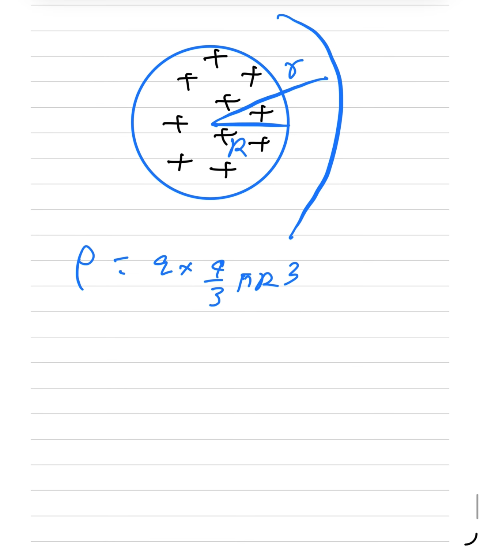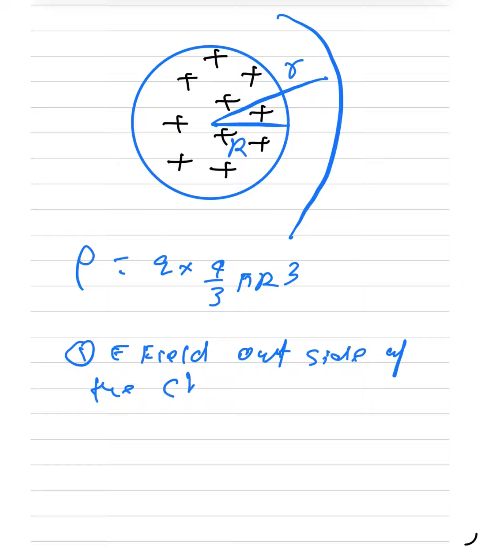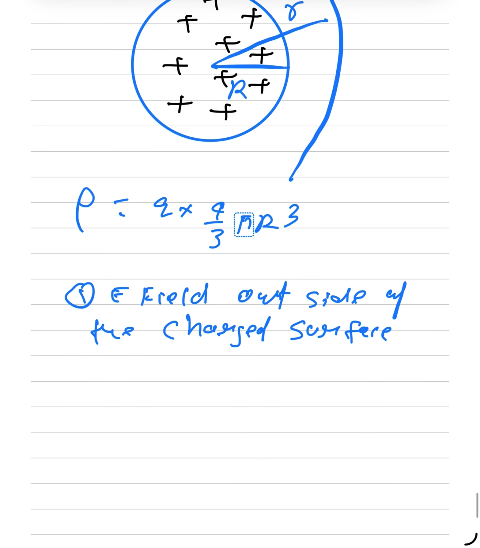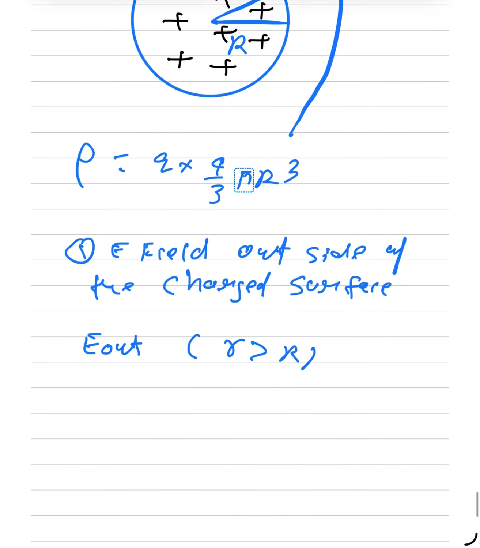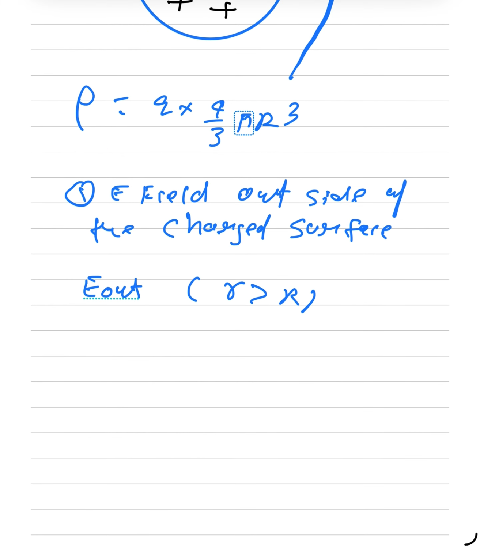Initially we calculate the electric field outside of the charged surface, meaning E outside, where small r is greater than capital R, from Gauss's theorem.